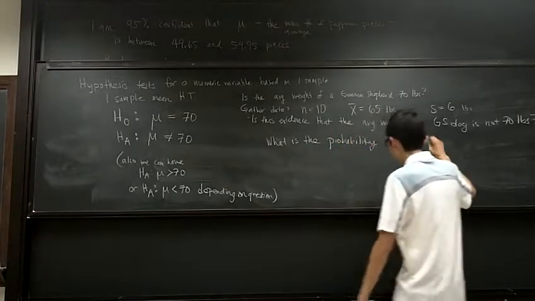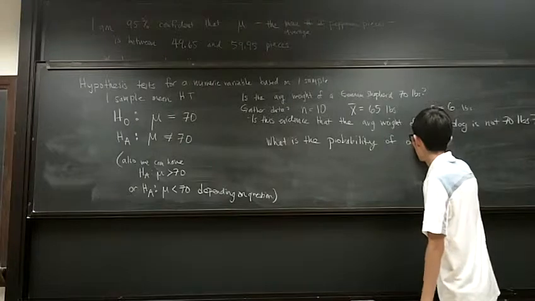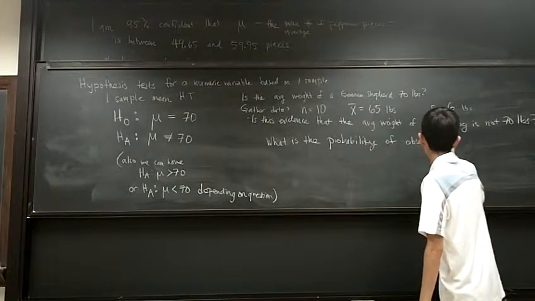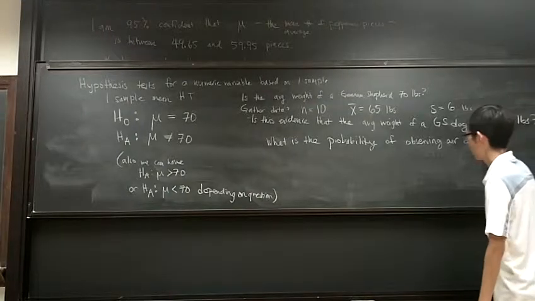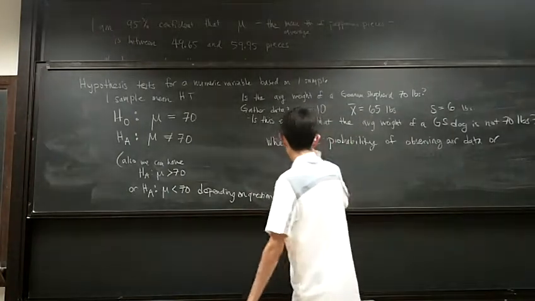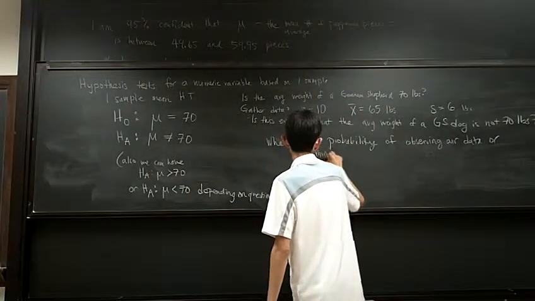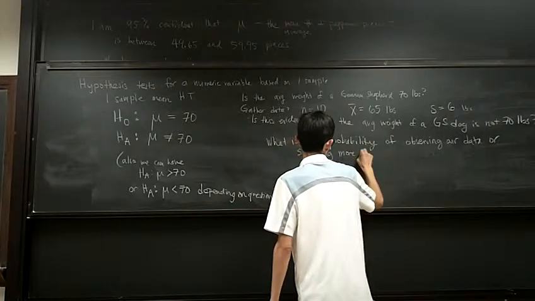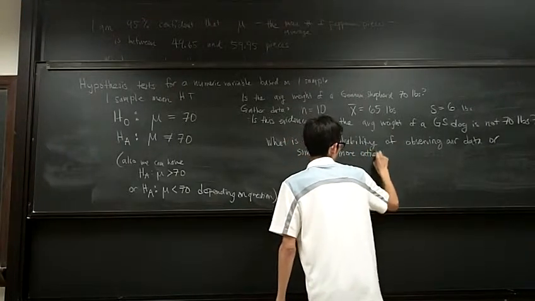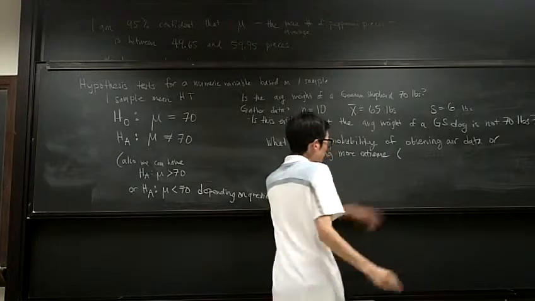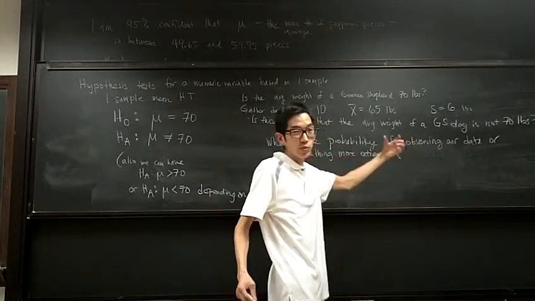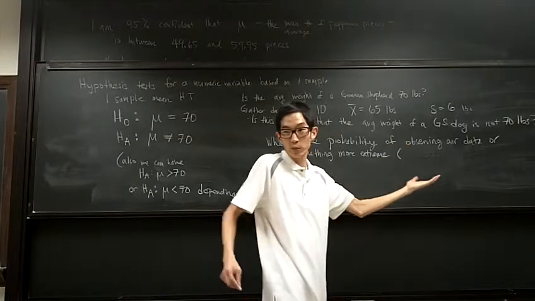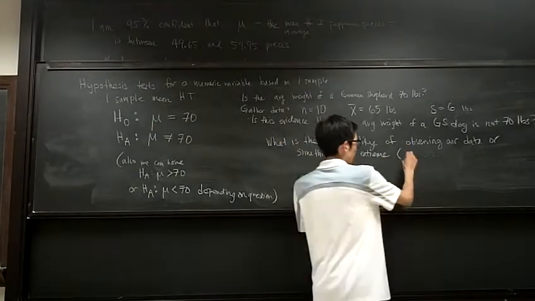of observing our data or something more extreme. And that means in this case getting a sample average that's more than 5 pounds away from the mean.